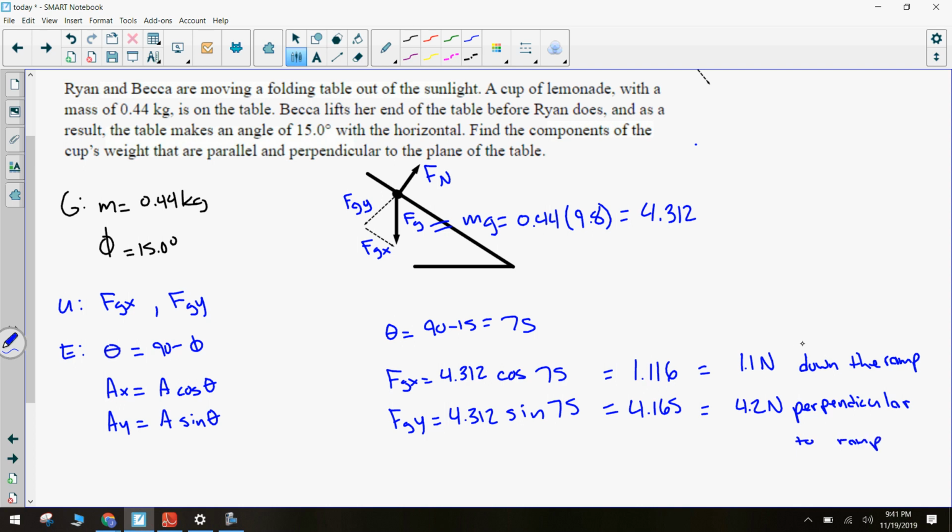Instead of saying down, you could have also said parallel, and that would have been just peachy. Instead of saying perpendicular, you could have said 90 degrees into the ramp, and you would have gotten just fine. All right.